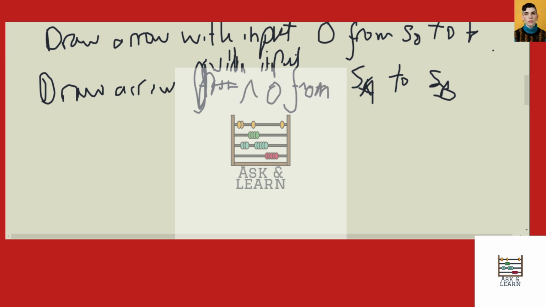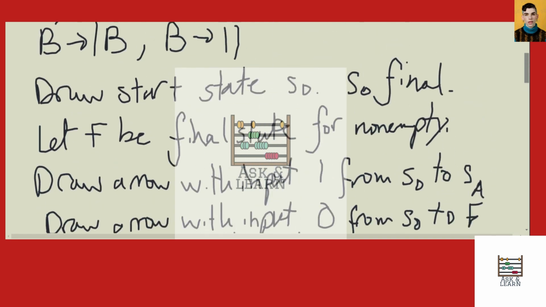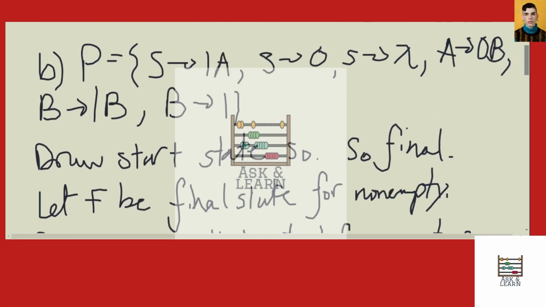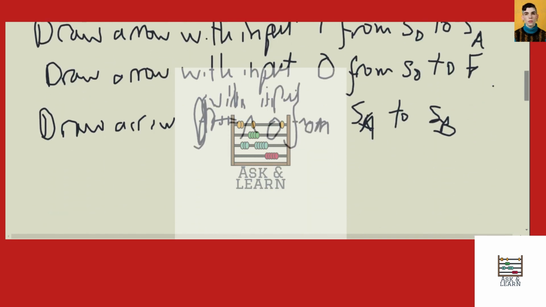So this is an arrow with input 0 from SA to SB. This represents that A can be replaced by 0B.